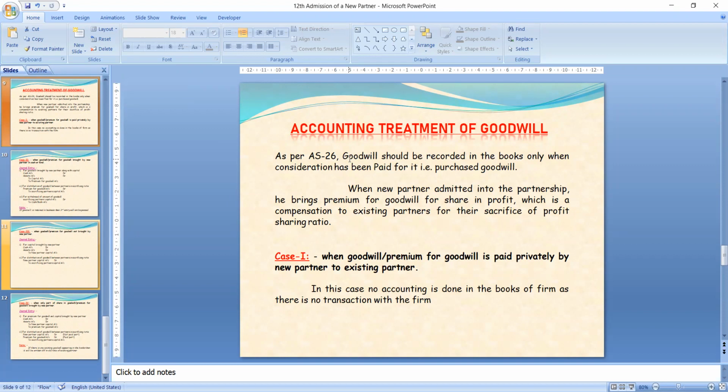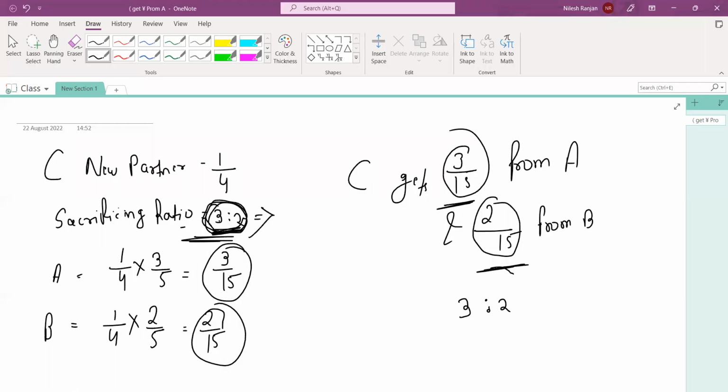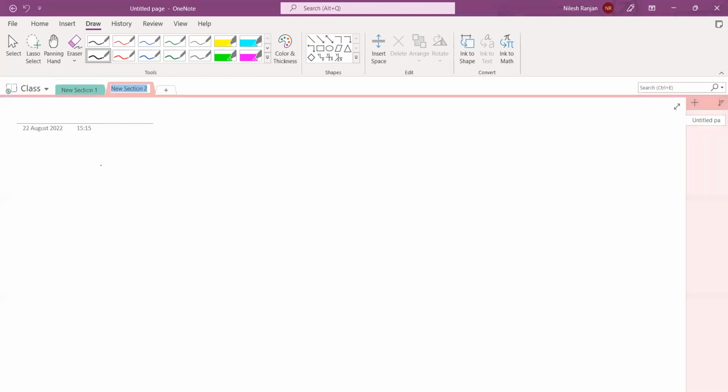In the chapter of goodwill, you have studied already that goodwill is of 2 types. Can you tell me what are the 2 types of goodwill? Sir, I don't know. Okay, no problem. So first one is self-generated goodwill.